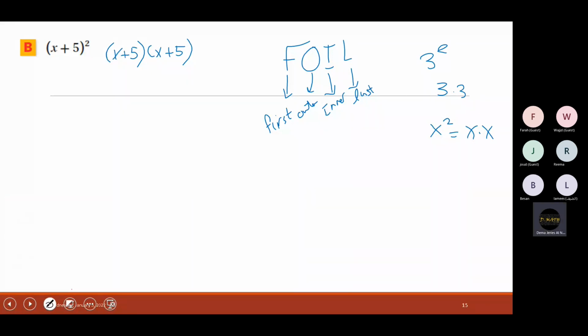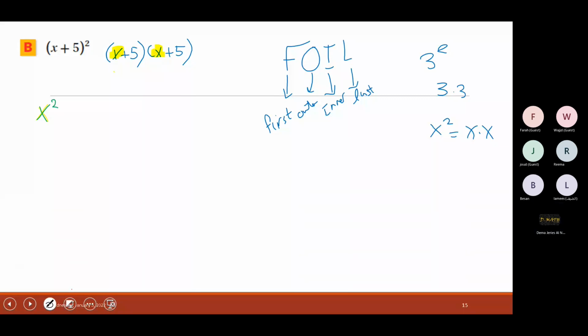Who can tell me? It's x, teacher, here and x here. Yeah. So the first terms are x and x. When I multiply them together, I will get x squared.